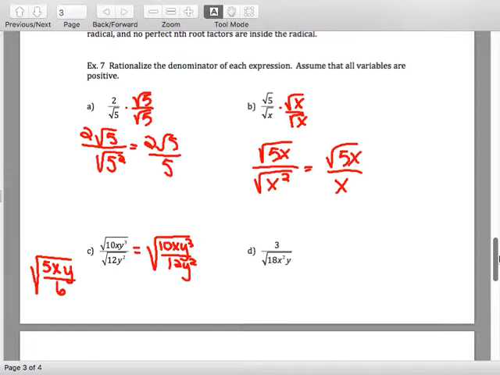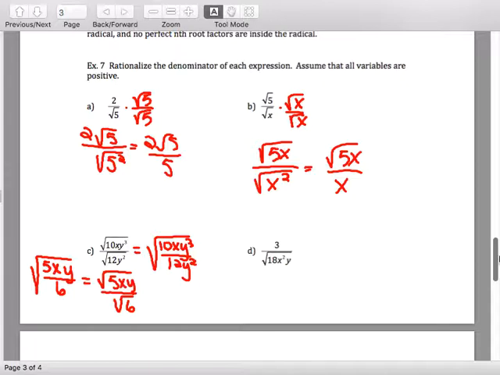Okay, so 10 over 12 is 5 over 6. I did nothing to the x. And then y cubed over y squared is 3 minus 2, which is 1. So now I'm going to split it again and make it the square root of 5xy over the square root of 6.